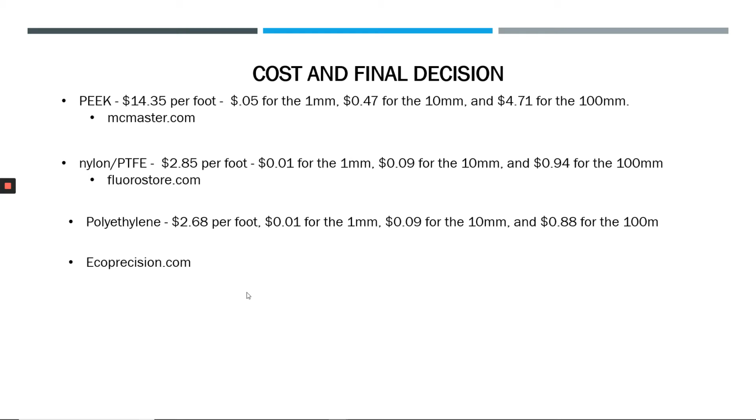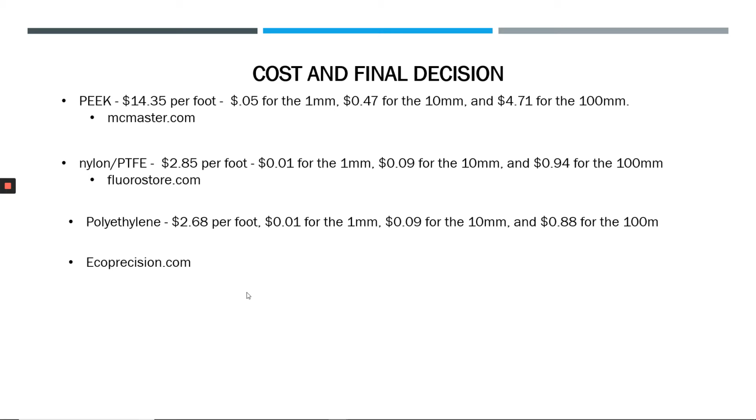For the PEEK material, using McMaster-Carr, which is an online parts store where you can get bolts, nuts, whatever you need, I was able to get a section of PEEK material, and I found it online for $14.35 per foot, which is 5 cents for the 1 millimeter length, 47 cents for the 10 millimeter length, and $4.71 for the 100 millimeter length.